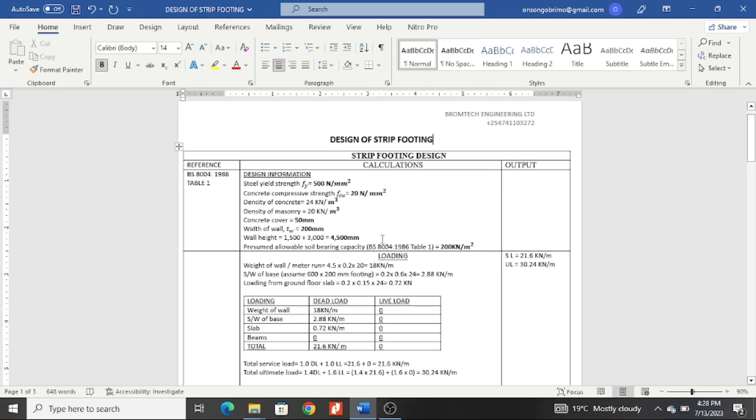And then for your concrete cover of any foundation structures, it is good to always note that foundations are the ones that are susceptible to issues to do with water. If the water has a lot of chlorides or sulfates that are going to attack your concrete, then you need more cover so that it can cover the reinforcement. That is why we do 50 millimeters.